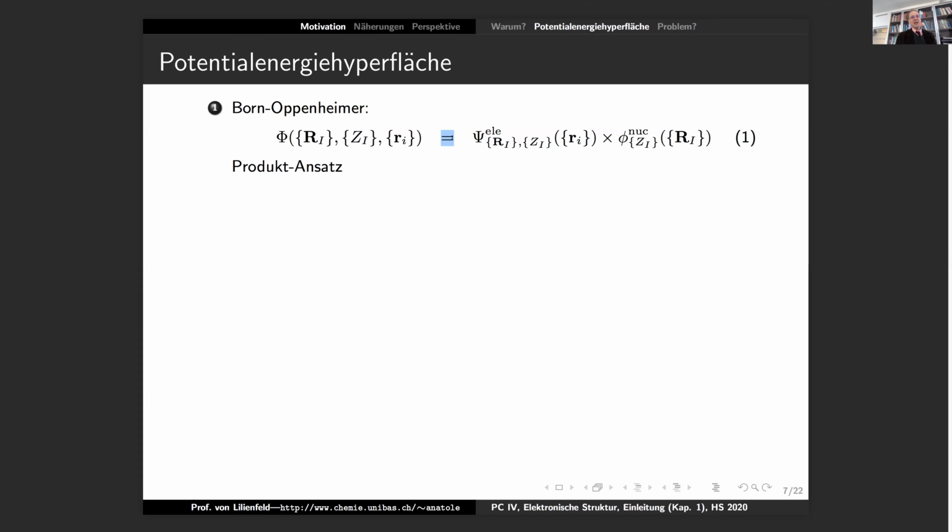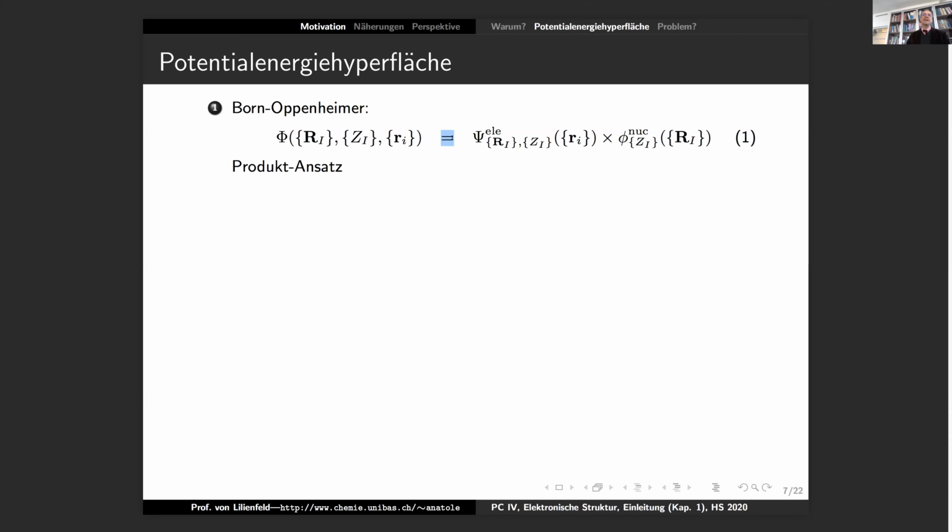This approximation is known to also break down in some cases, but it's a fairly good approximation in most cases, in particular when it comes to bonding. So when we are in this minimum region where atoms bond, I'm not talking about bonds, just the fact that as atoms come together, the energy lowers. And in this region, this approximation is typically a pretty good one, especially for the electronic ground state.